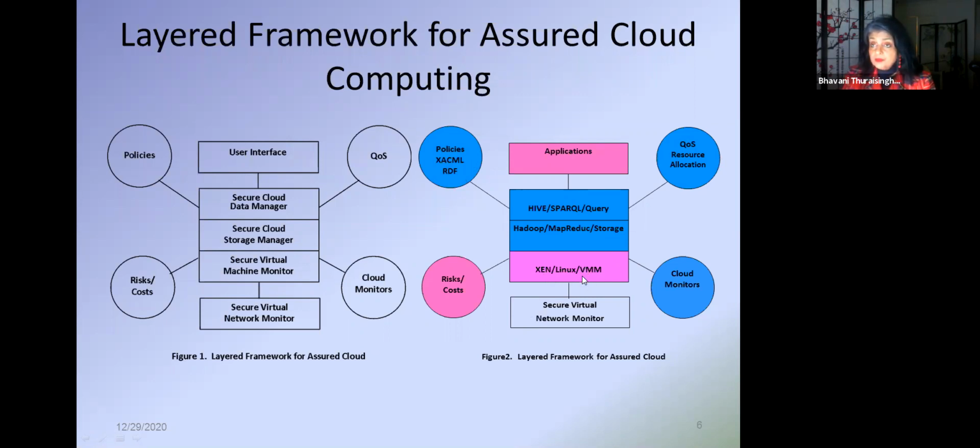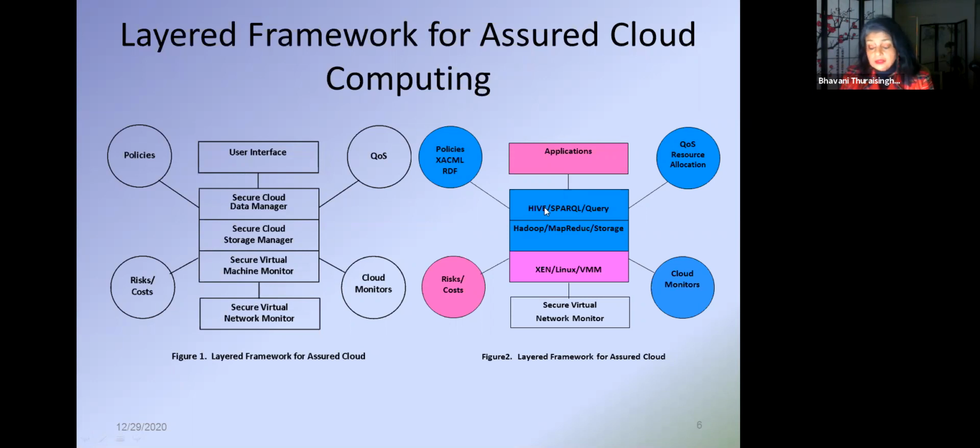Xen was a system hypervisor developed at the University of Cambridge, England, and it was open source, so that's why we chose that. But VMware is one of the commercial products which is used by many. Then we had the Hadoop MapReduce storage for the cloud, and then query processing, the information sharing.